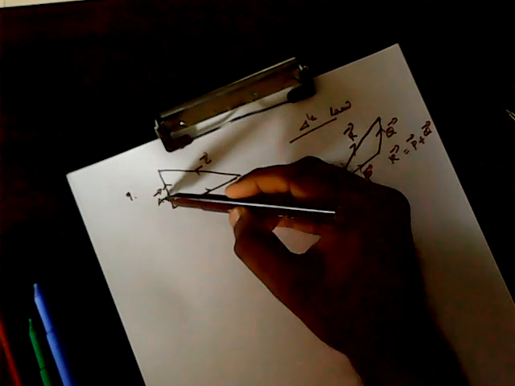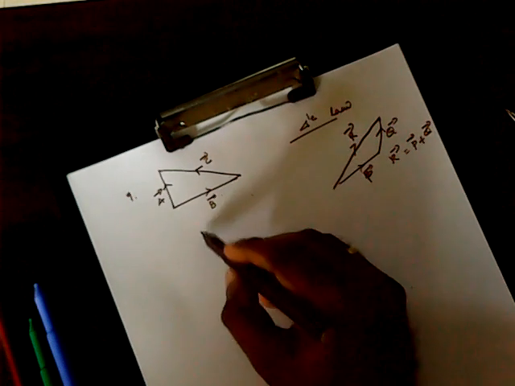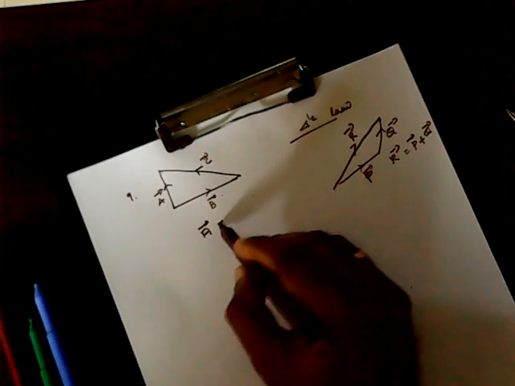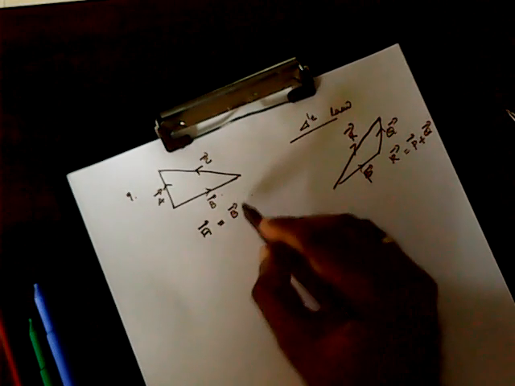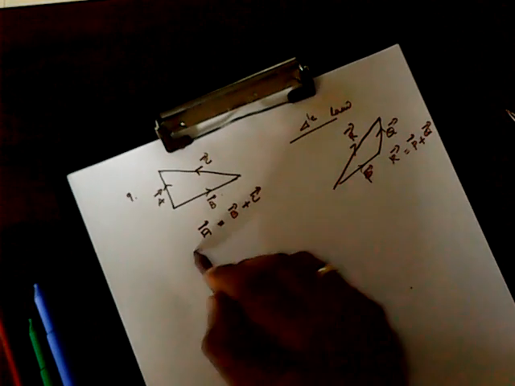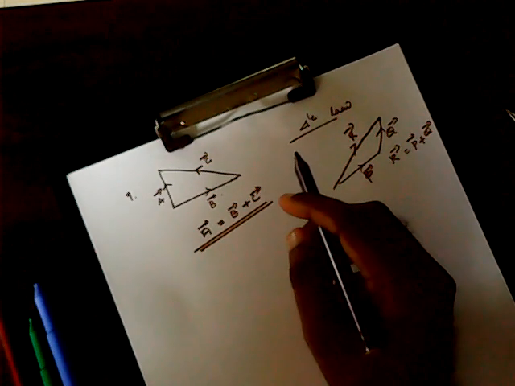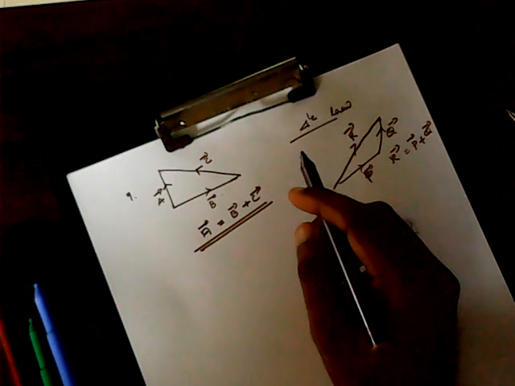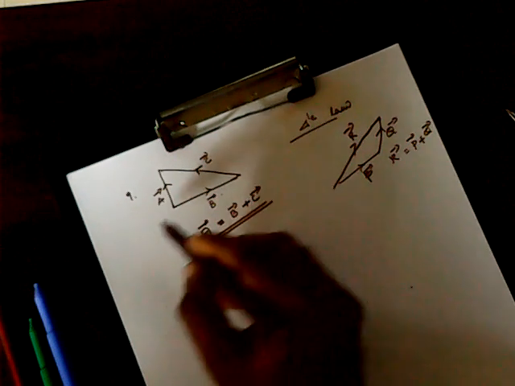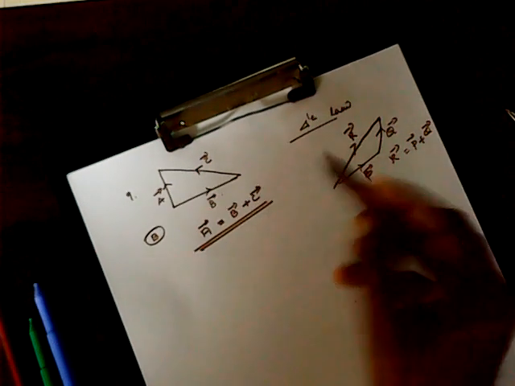So the resultant is what? A. And hence we can write vector A equal to vector B plus C, and hence we can code the answer as the B choice.